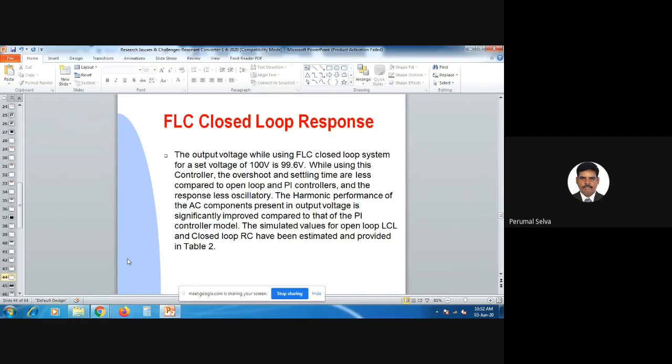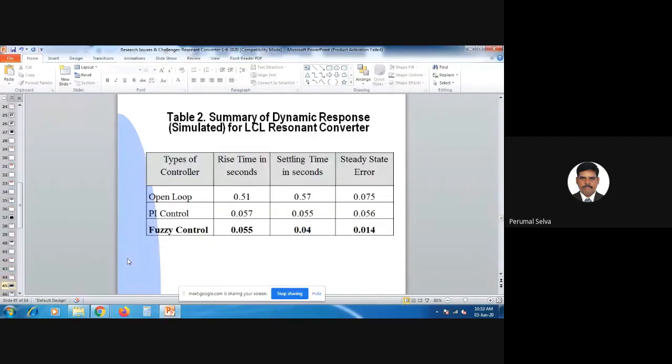The harmonic performance of the AC components present in the output voltage is significantly improved compared to that of the PI controller model. The simulated values for open loop LCL and closed loop resonant converter have been estimated in the next slides. The results of the simulation were also verified and validated using the experimental setup.